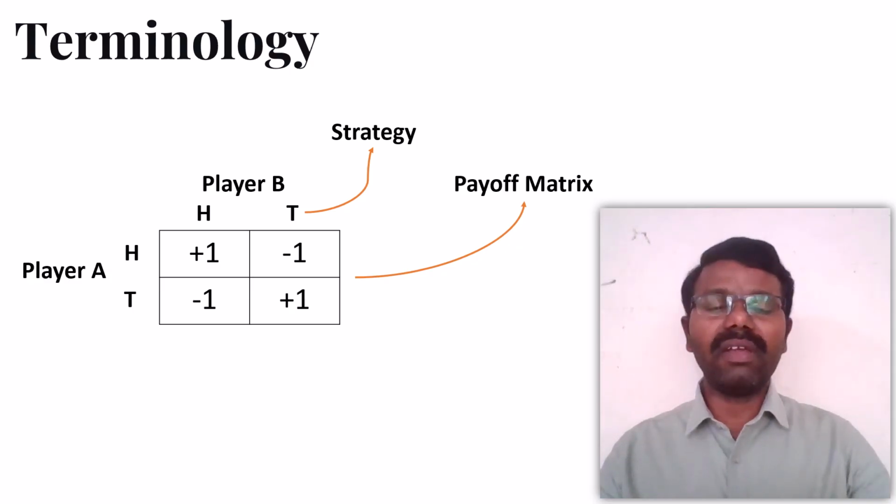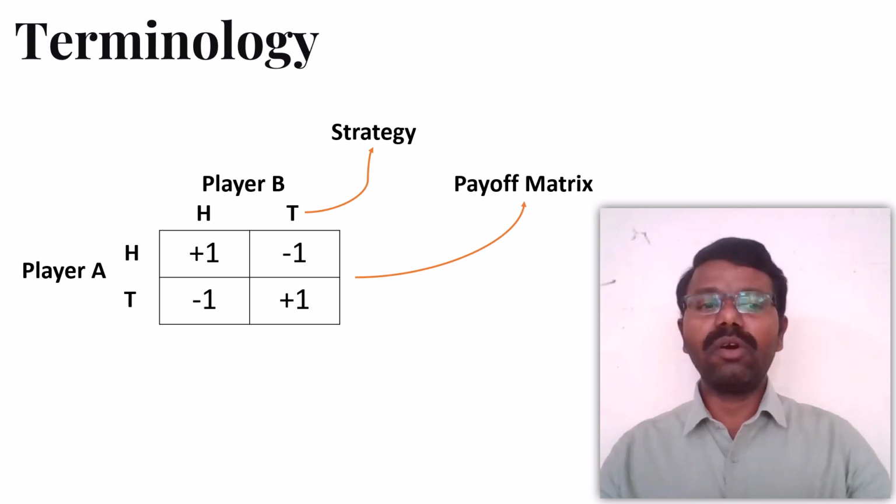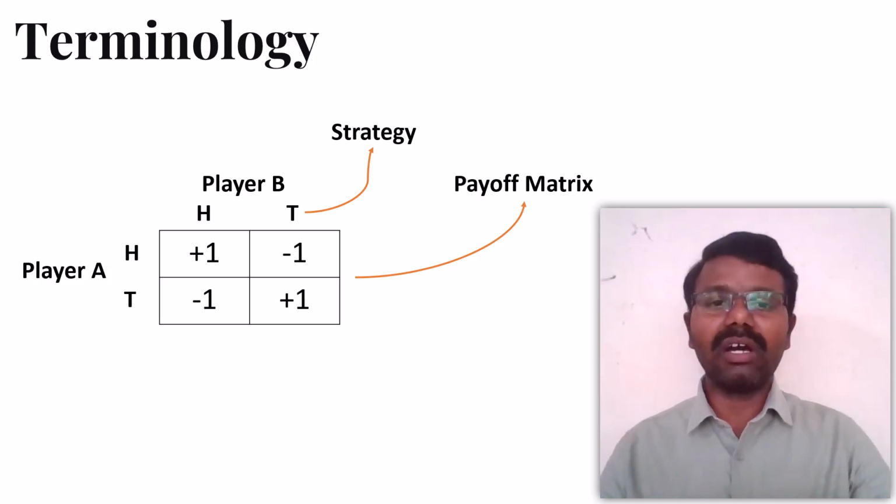When head and head match, player B will lose 1 rupee, and that will be given to player A. And if there is a head but he is unable to guess properly and says tail, then player A will give 1 rupee to player B, so that is a loss for him. So it becomes -1.